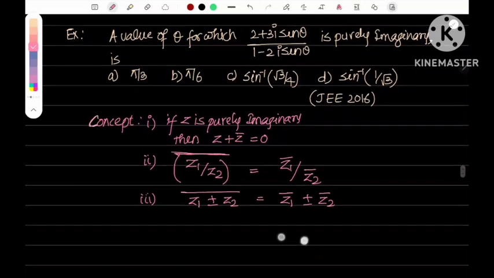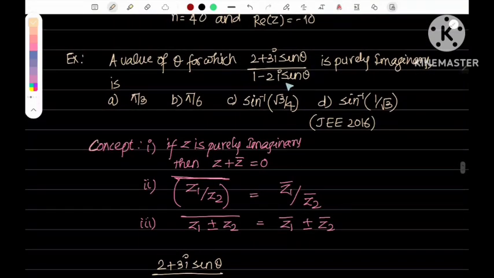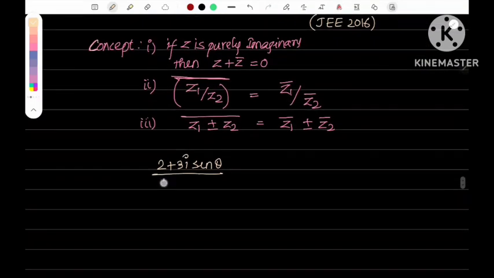So it is given that (2 plus 3i sin theta) divided by (1 minus 2i sin theta) is purely imaginary.